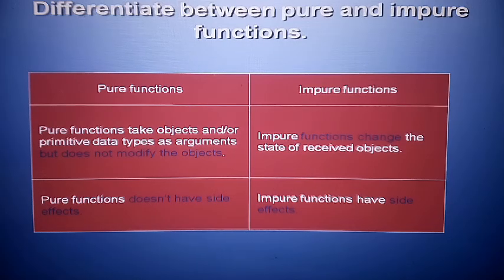Whatever object you give, the value stays as it is, so there is no change in data. But in an impure function, the value definitely changes. Second point, a pure function has no side effect, because the value stays as you passed it, but here there is a side effect, because the value always changes.